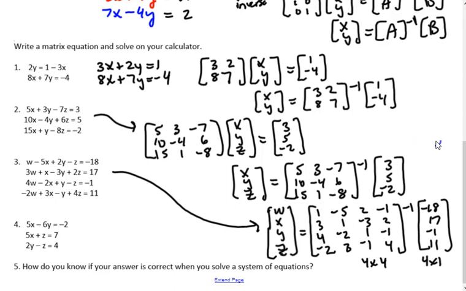Okay, last one. Just wanted to show you the setup for this one because it has some missing terms. Notice there's an x and a y, an x and a z, and a y and a z.